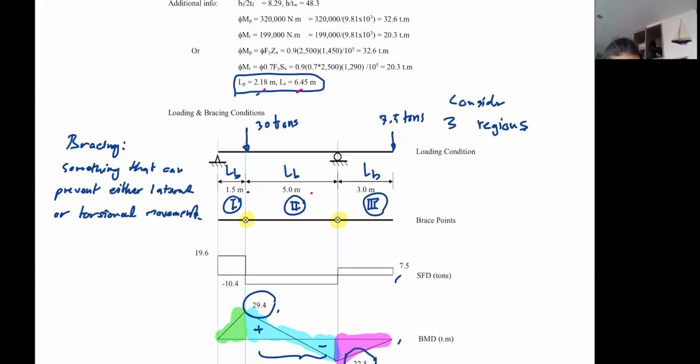And the bracing, when we add it, it behaves like a support, right? As you can see, the support sometimes is not a bracing, but most of the time it should do the job.